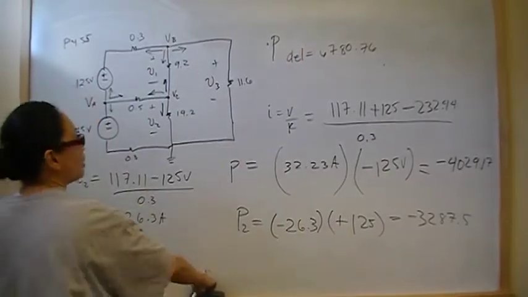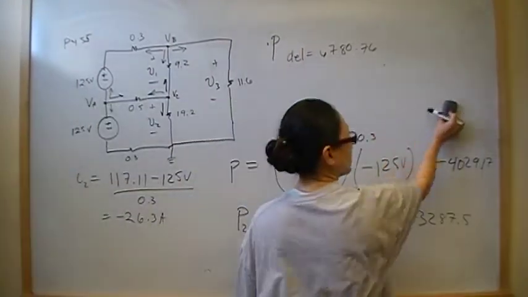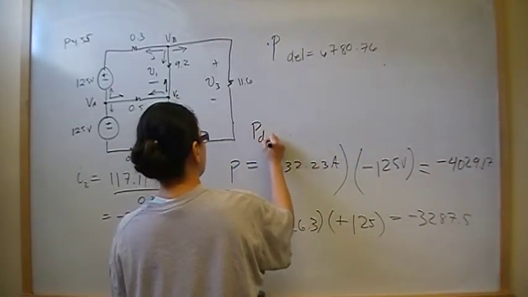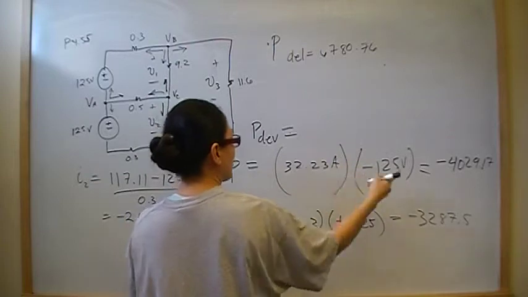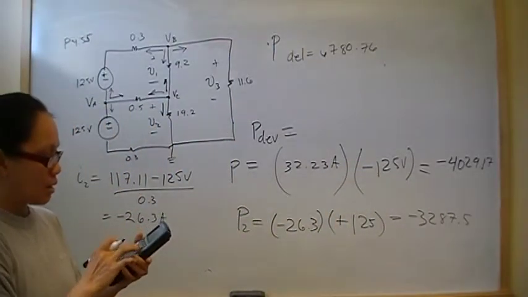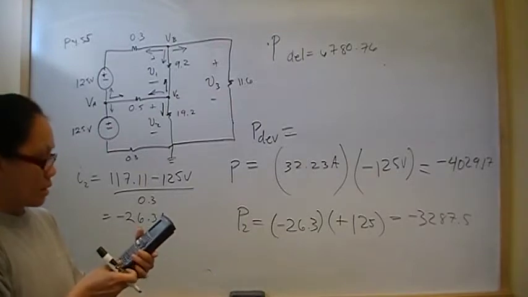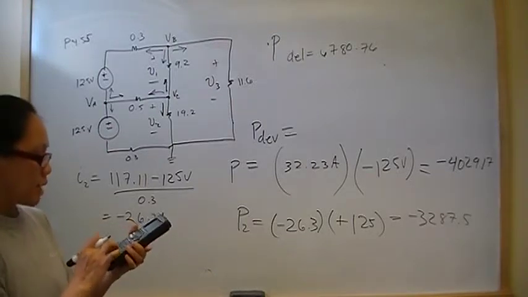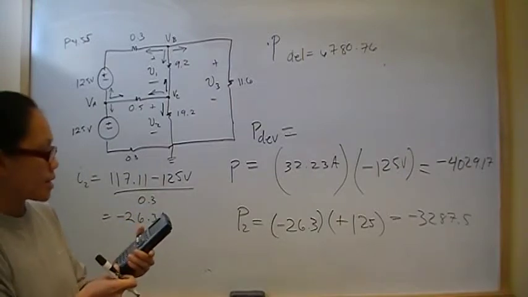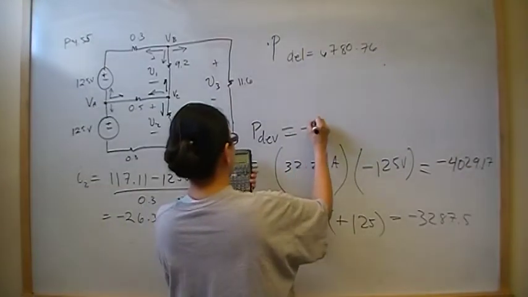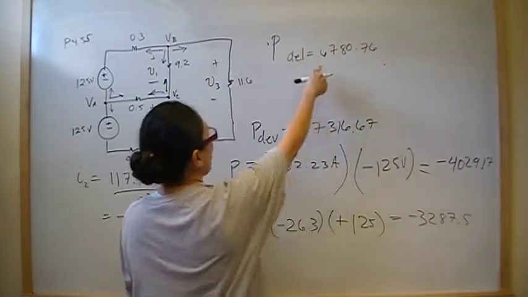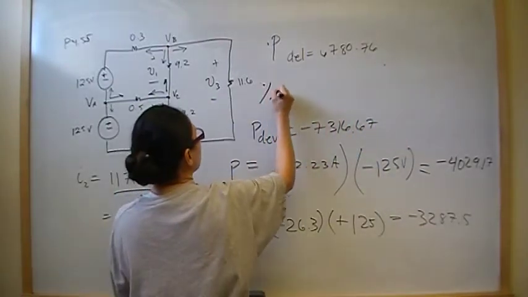So power developed, PDEV, is going to be negative 4029.17 plus negative 3287.5, and that's going to be negative 7316.67.